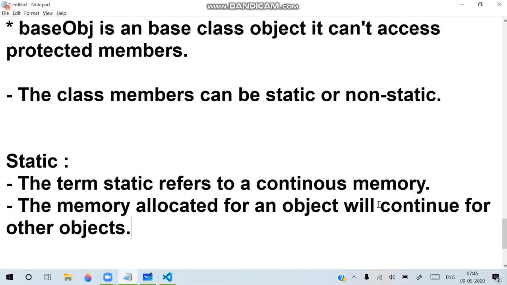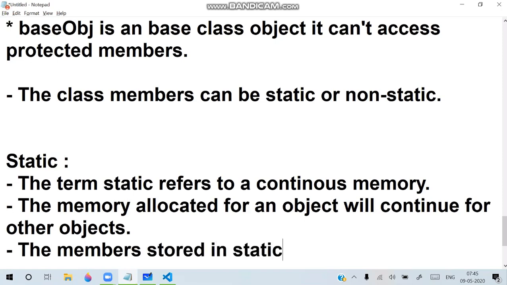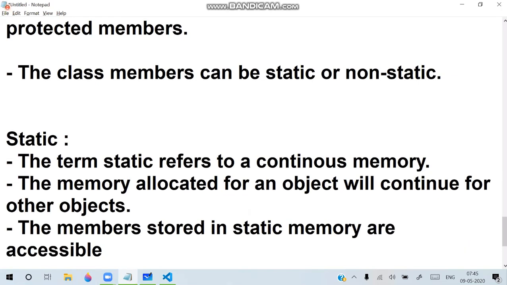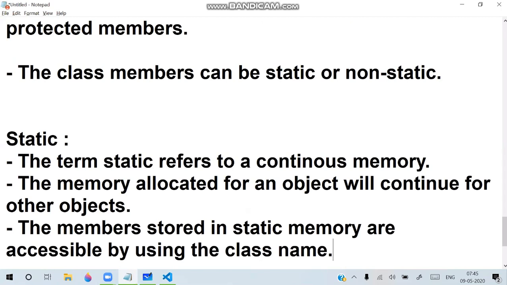The memory allocated for an object will continue for other objects also. So the members stored in a static memory are accessible by using the class name.